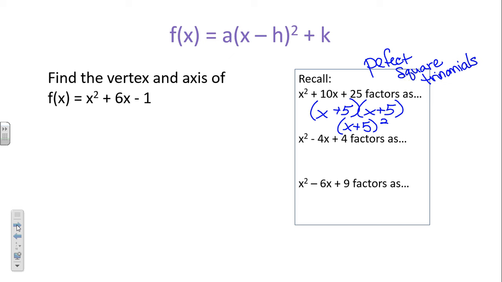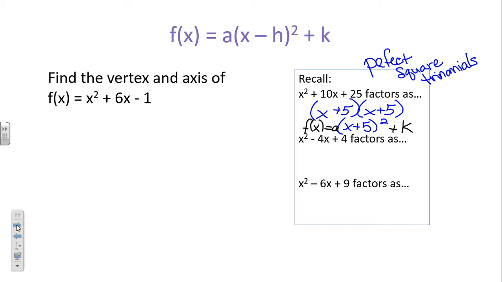Okay? That looks suspiciously familiar, because if we have something that says f of x equals something plus k, maybe with an a out in front, do you see that this is our x component of our h of our vertex? Okay, we'd have to bring it to the other side to get a -5, but we'd be in good shape.